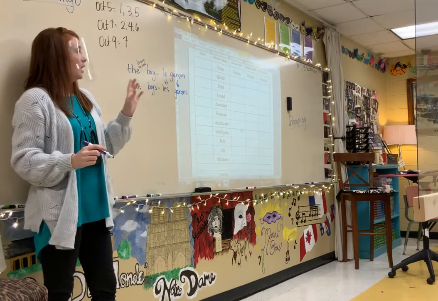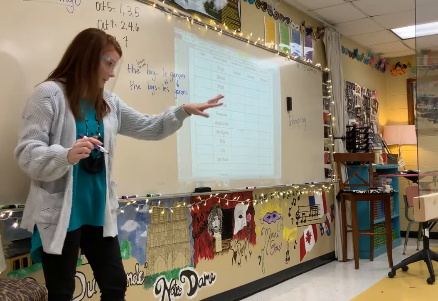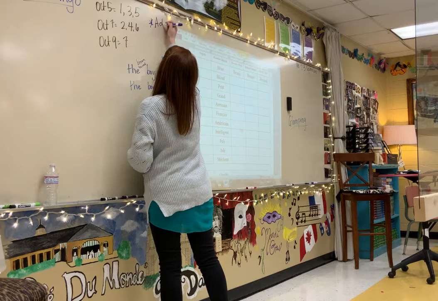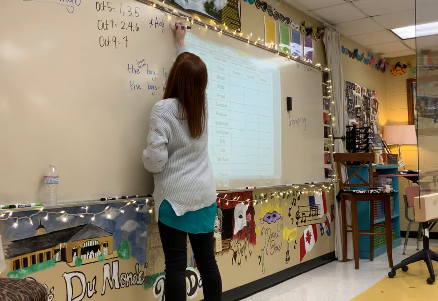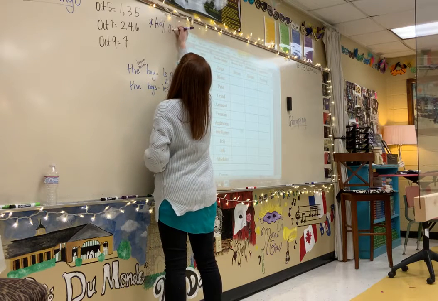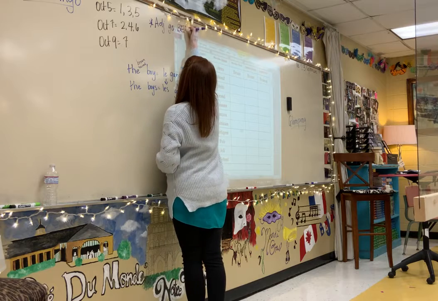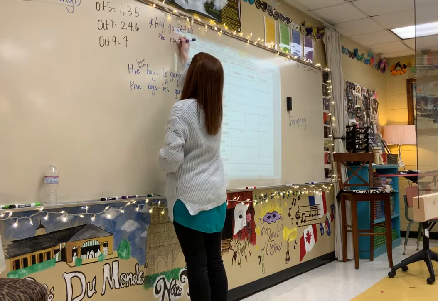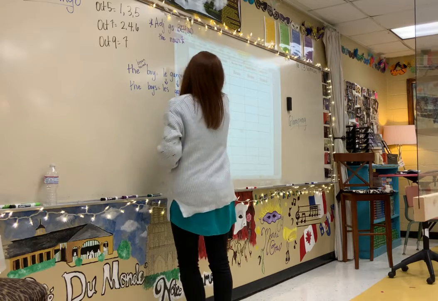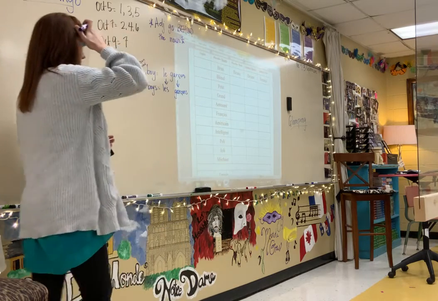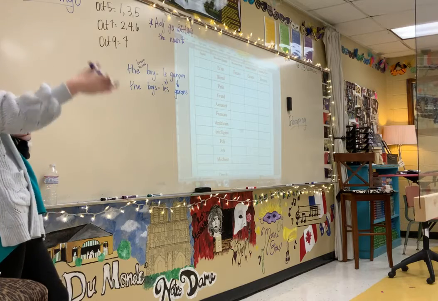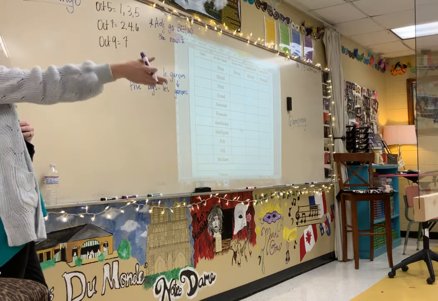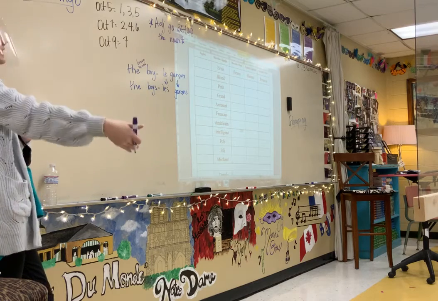Make a note at the top of this side somewhere that says adjectives go behind the noun. So instead of saying the brown-haired boy, in French you say the boy brown-haired. You put it at the end.